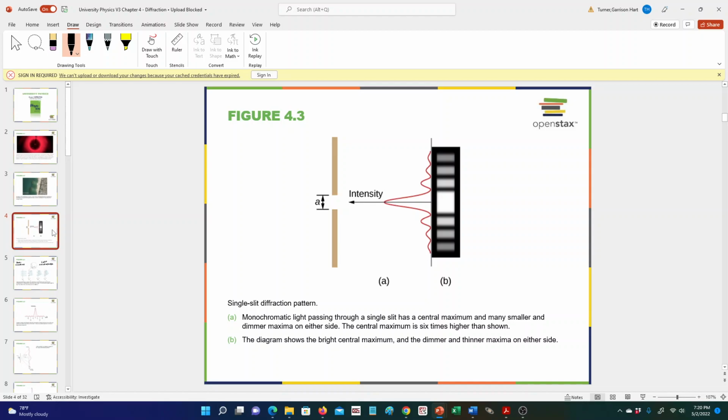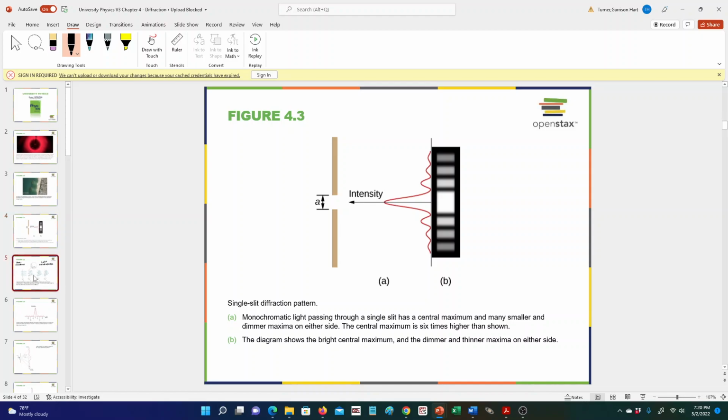Okay. And so, why do these patterns occur when you only have one light source and only one slit? That's really more the variable here as opposed to the double slit experiment, is that you only have one slit. Why do you still see this type of pattern?